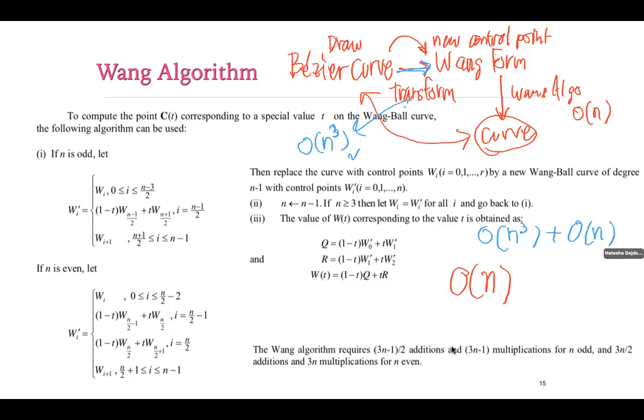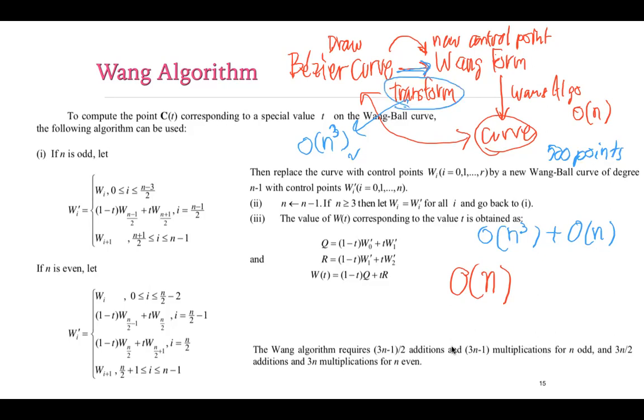But what I'm going to say is that in order to compute a point on Bezier curve, if you want to make a smooth curve, maybe you may have to calculate for 500 points, in order to get the smooth curve. But you can just simply transform this only one time.